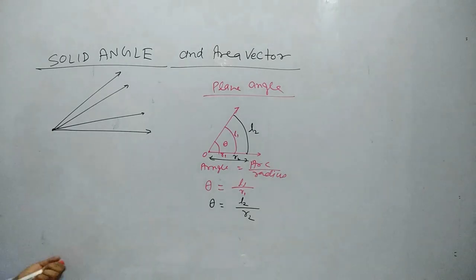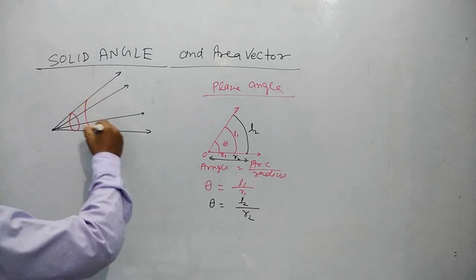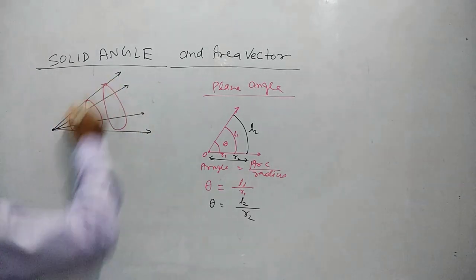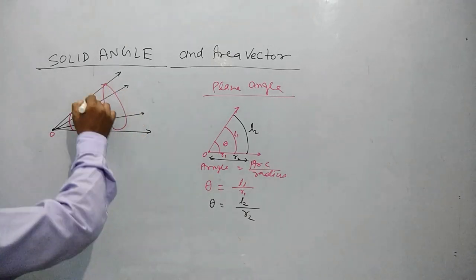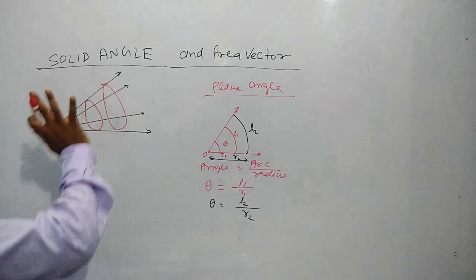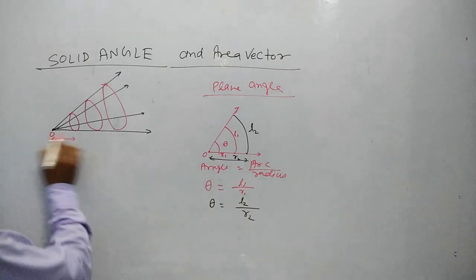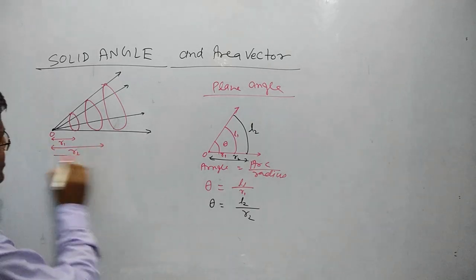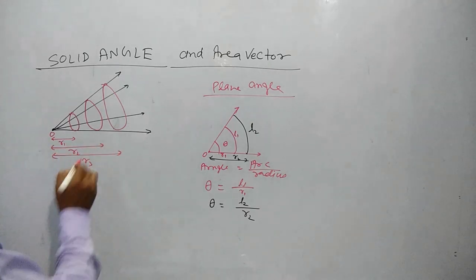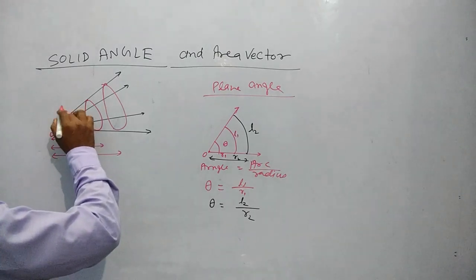Similarly, consider this angle here. This is the point O, and this is the solid angle, a three-dimensional thing, you just imagine it three-dimensionally. Then this distance from O is R1, this distance is R2, this distance is R3, and the angle is called delta omega.